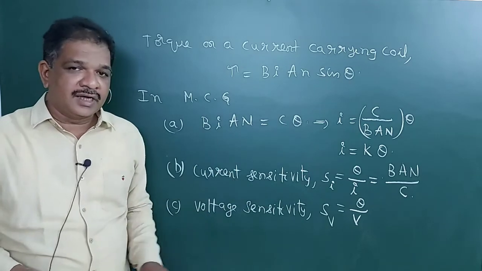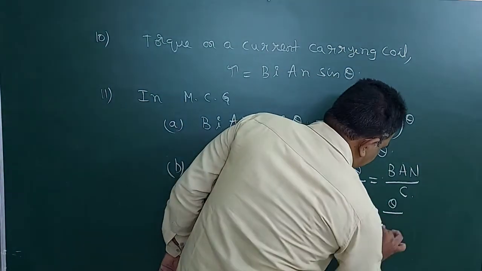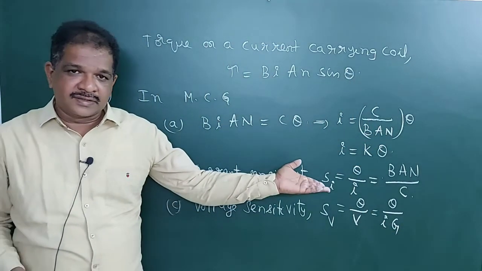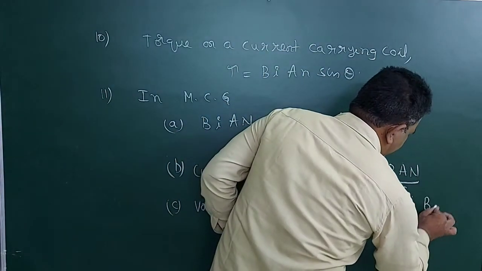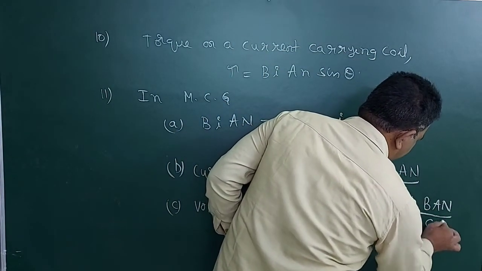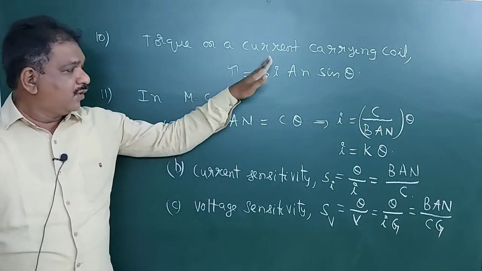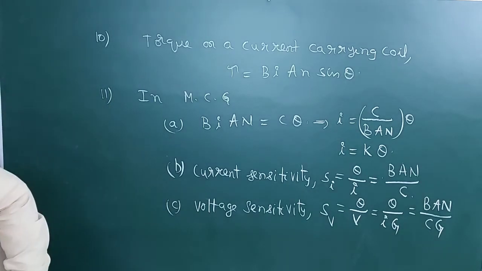Current sensitivity means theta by Ig. V is equal to I R, and in place of R we take the galvanometer resistance G. So theta by I will be B A N by C, so B A N by C G. These formulas will be asked on the moving coil galvanometer.